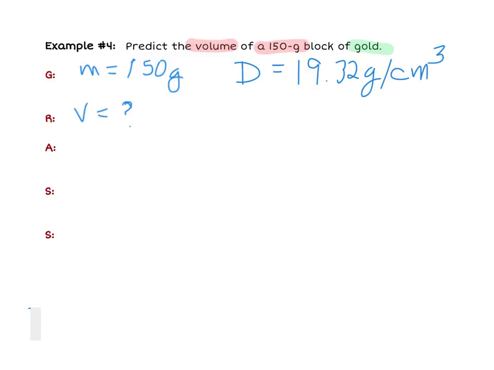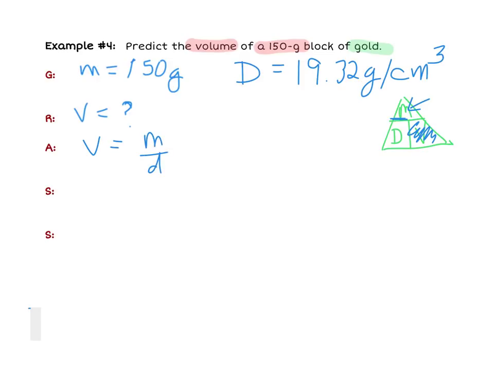So let's analyze this. I'm going to write out my density triangle. Density is mass divided by volume. And so if I analyze this, I'm solving for volume, so I'm going to hide it. And I can see that my mass is divided by my density. So the formula written correctly is volume is equal to mass divided by density.